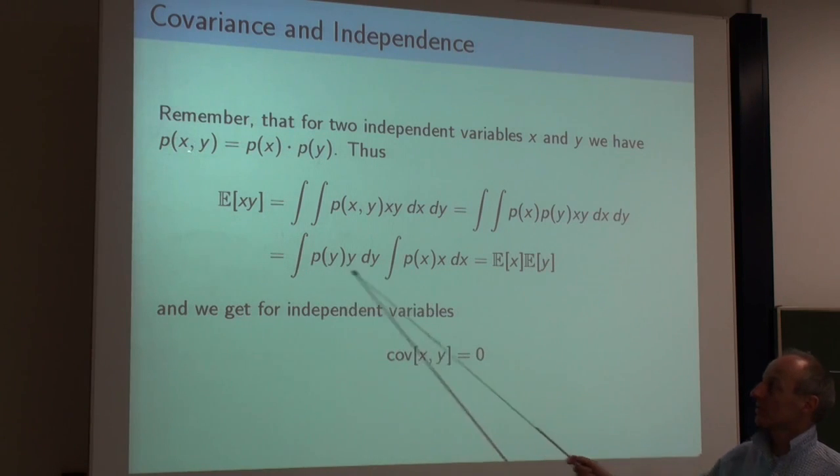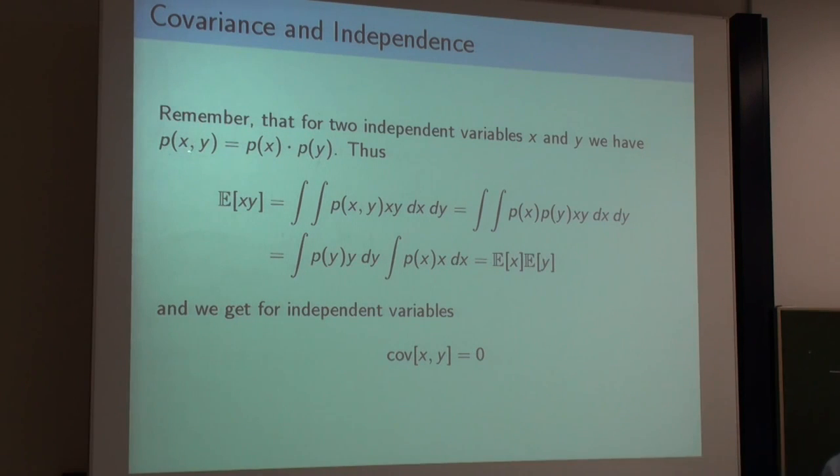And if you look at this, you see this is the expected value of y, and this is the expected value of x. So it results in E of x times E of y, and we are finished. And again, we see that for independent variables, we get a covariance of 0.